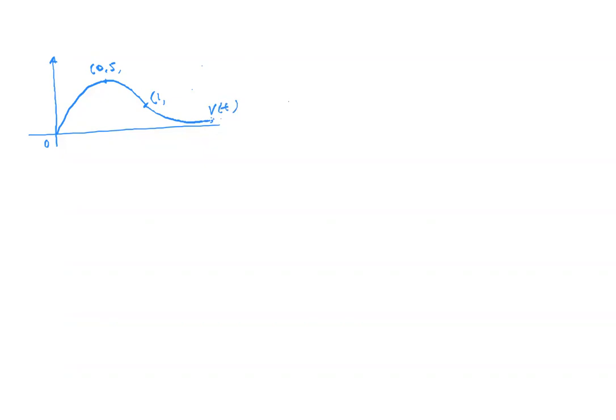When I want to describe the changes of the velocity, there are two critical points for time. That is 0.5 and 1. All right? So there are 3 intervals altogether. You see the 3 intervals?